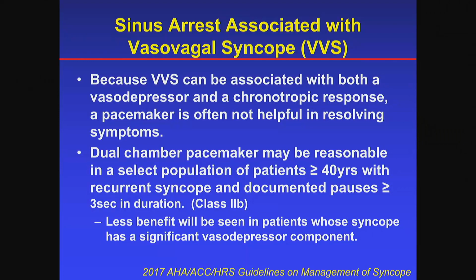However, dual chamber pacing may be reasonable in a select population of patients greater than 40 years of age with recurrent syncope and documented pauses greater than or equal to 3 seconds in duration. And this is a class 2B indication. The caveat here, however, is that one would expect less benefit, even in this type of patient, when their syncope also has a significant vasodepressor component, which is often the case.